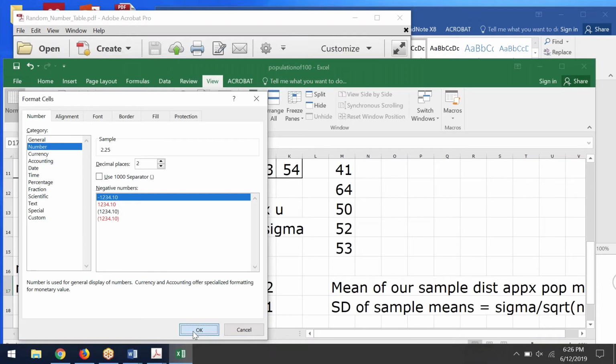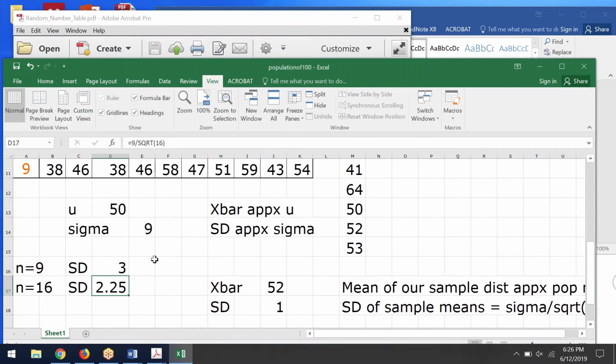Give us 2 decimal places. It's actually 2 1/4. How did I get that 2 1/4? Well, it's sigma divided by the square root of the sample size. Sigma for the population is 9. Standard deviation for the population is 9, divided by the square root of 16, the sample size, which is 4. So 9 divided by 4 is 2.25.